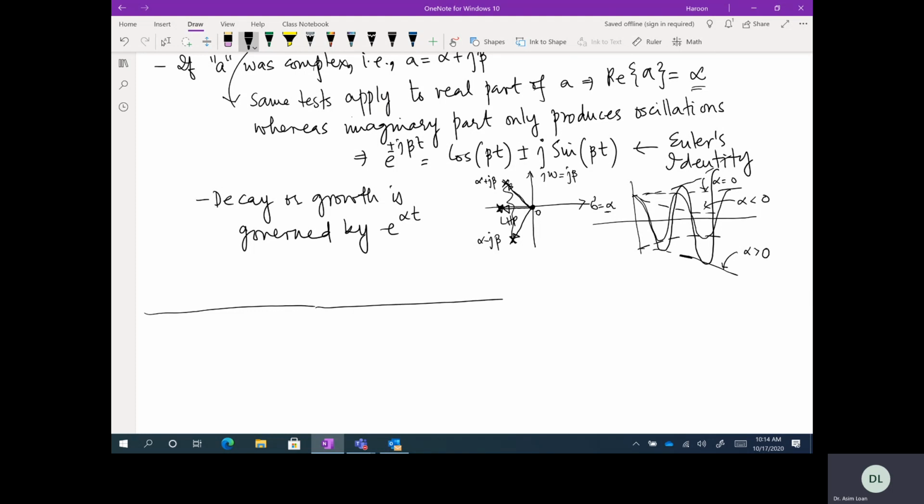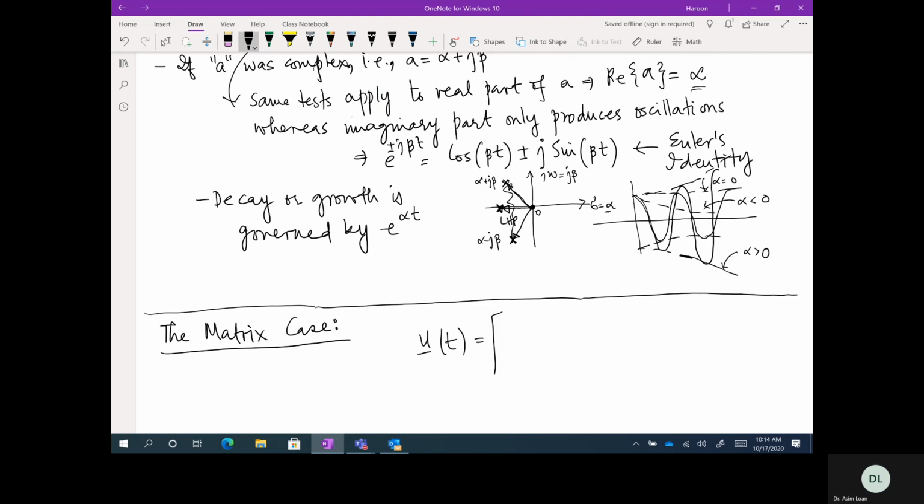Okay, so let's go back to the matrix case. We have digressed a little. The matrix case that we have is u of t equals v of t, w of t.